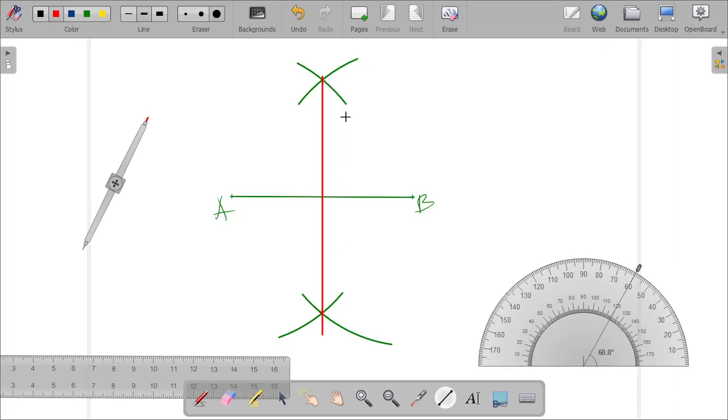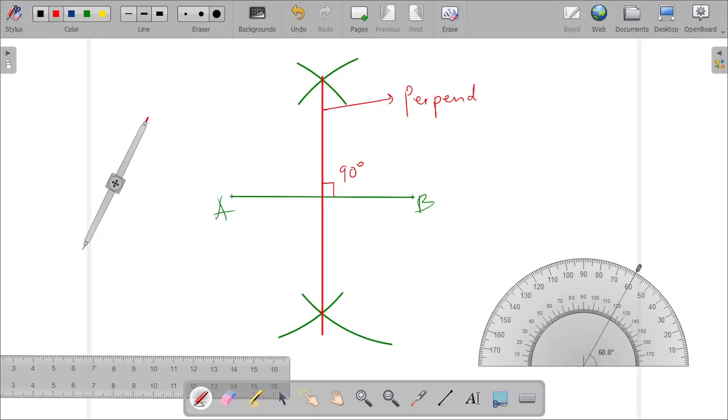So now this is how to construct angle 90 degree. So this angle here, okay, is 90 degree, a right angle. That's all.